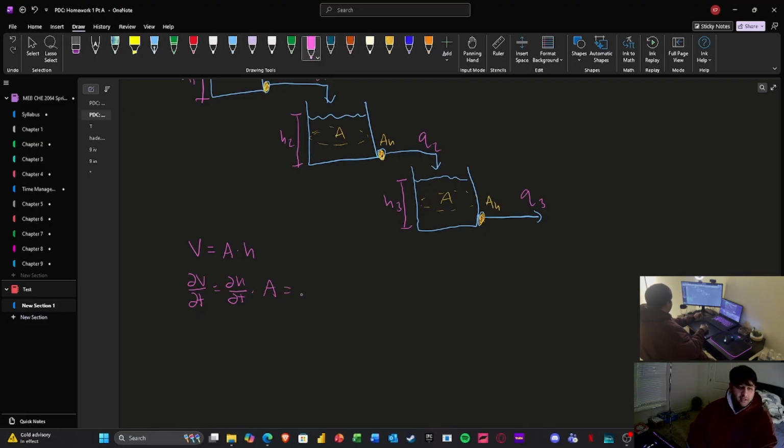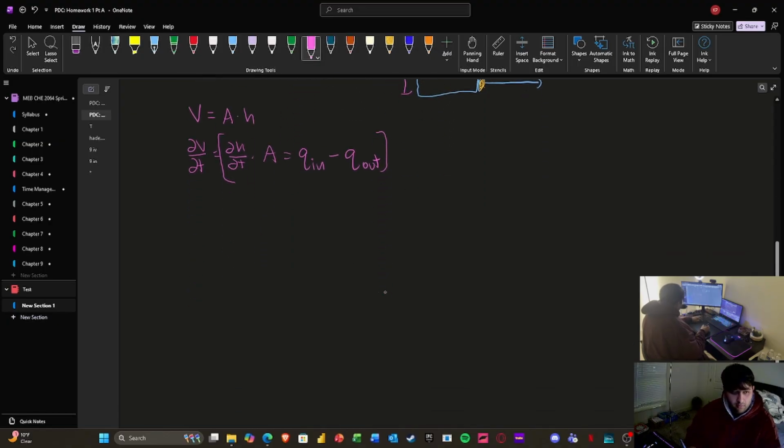What this is going to equal is the change in volume, which is because of the change in flow rate. So it's going to be the inlet minus the outlet flow rate. And then we're just going to be looking at this section right here. So it's dH/dt equals, I'm going to move that cross-sectional area over, the inlet minus the outlet.